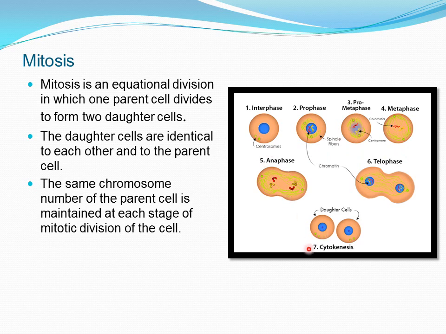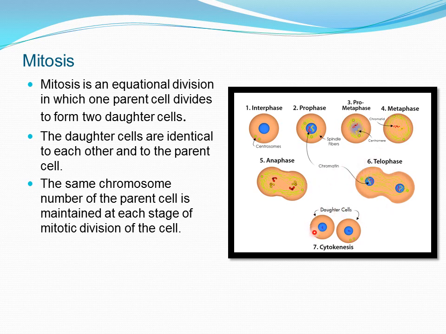Now here you can see these two cells are formed from this, and they have identical characteristic features, and at each stage they'll have the same number of chromosomes. Now mitosis has different stages. Starting from interphase, the other stages are prophase, metaphase, anaphase and telophase. So this is prophase, then prometaphase, then there is metaphase, then anaphase, then telophase.